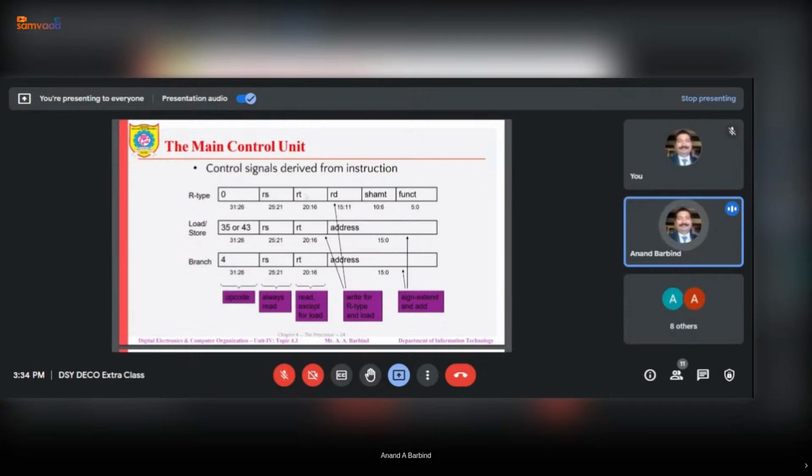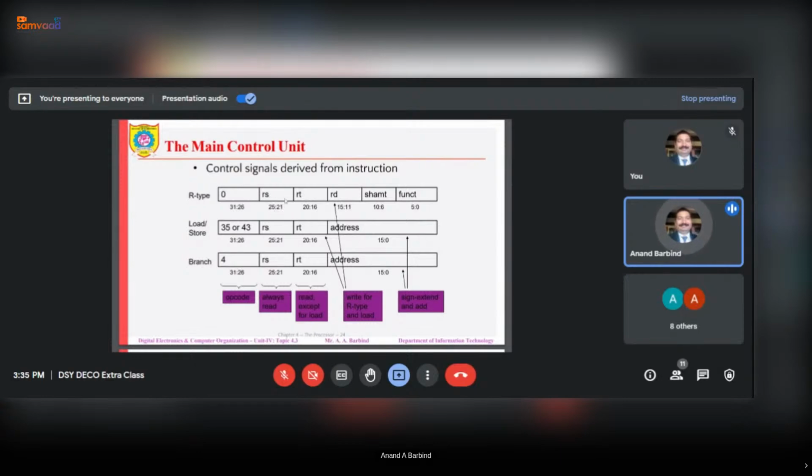Three registers are specified in the instruction. RS is the source register, RT is the target register, though RT is named target register, both RS and RT are the operands, the registers whose contents are read. So the input operands are RS and RT. The first register is specified using bits 21 to 25.